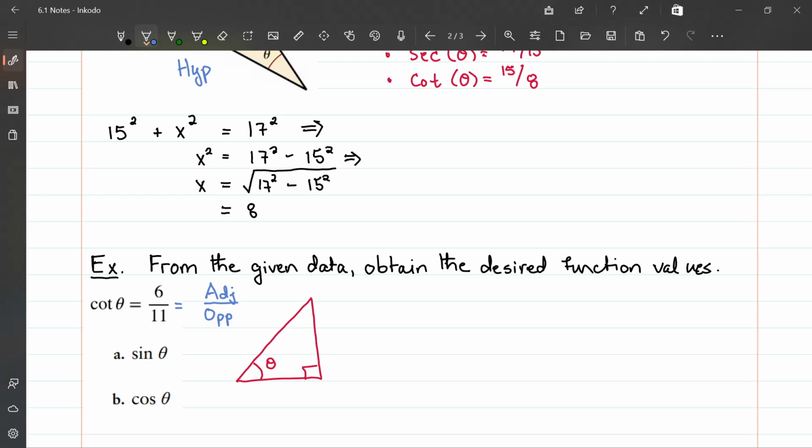So, looking at the fraction that I have here, it looks like there is an easy way to use this information to start filling in the blanks. The side adjacent to my angle theta, which in this picture would be right here, would be 6. Let me go ahead and write that down real quick. This side length here would be 6. And then this side here, the one opposite theta, that would be length 11.